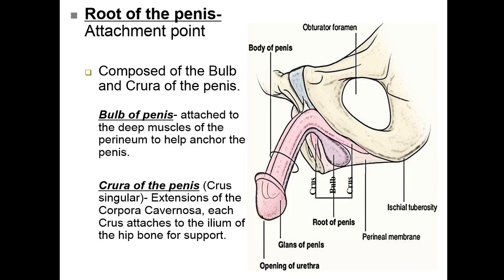So the bulb of the penis is going to pass through the deep muscles in this perineum. The crura are just extensions of the corpora cavernosum, and each of these attaches to the ilium for further support. We can see in our picture here the bulb and the crus.